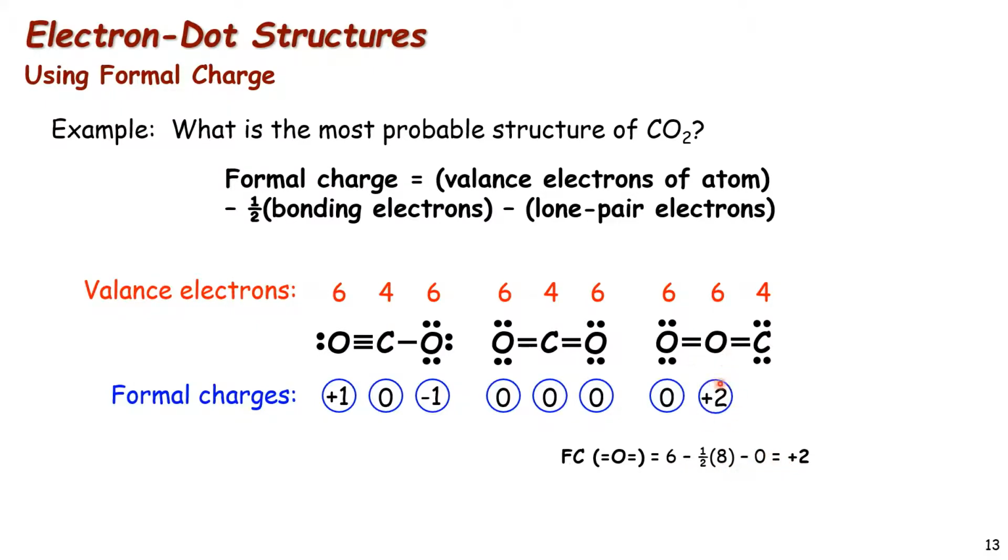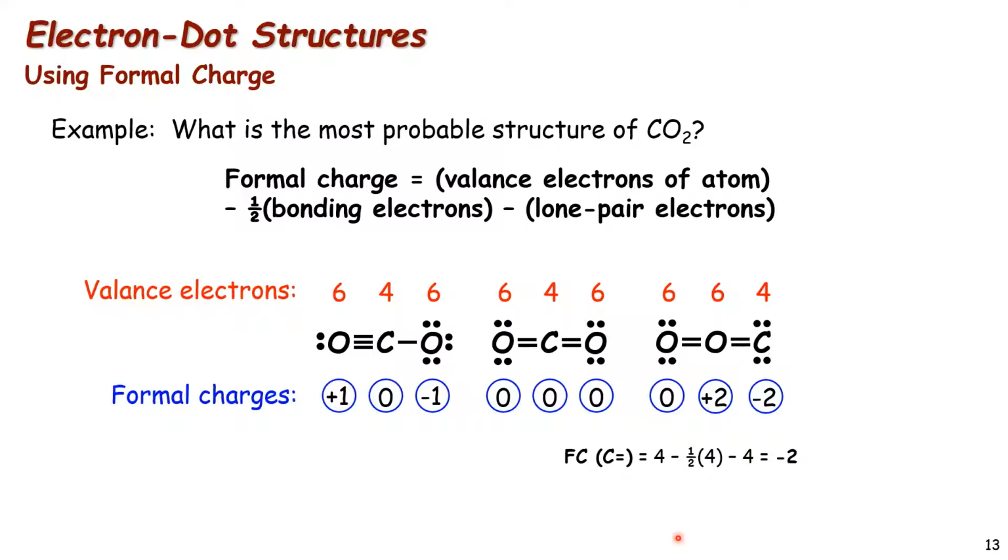So that has a plus 2 formal charge. And then we have this carbon here. So this carbon is in group 4, so it has 4 valence electrons. It has 2, 4 bonding electrons and 1, 2, 3, 4 lone pairs. So 4 minus 2 minus 4 is negative 2. So that has a negative 2 formal charge.